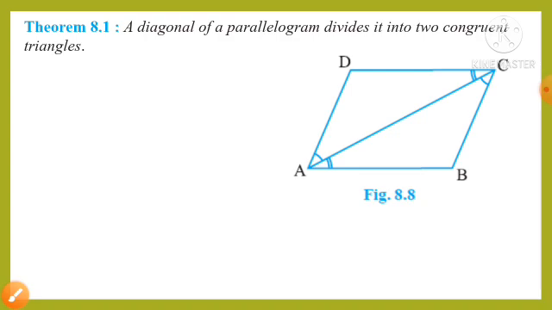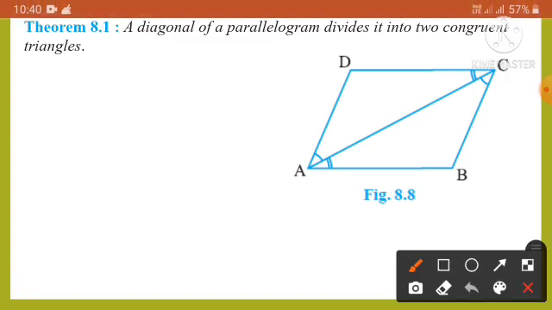Next we learn some theorems, so listen carefully to all the theorems first. At first, theorem 8.1 tells us that a diagonal of a parallelogram divides it into two congruent triangles. So we have to prove here that triangle ABC is congruent to triangle ADC.